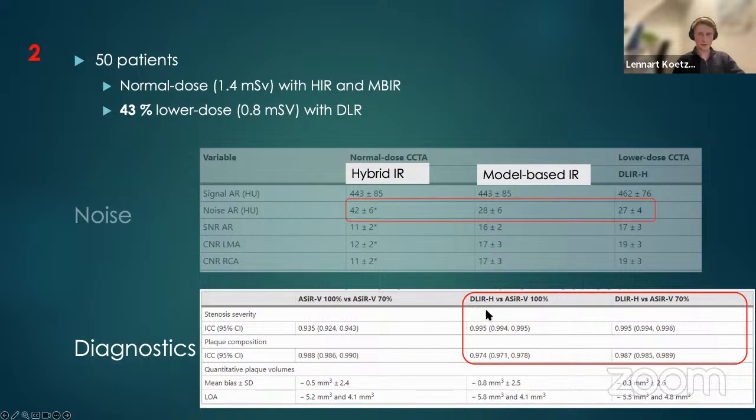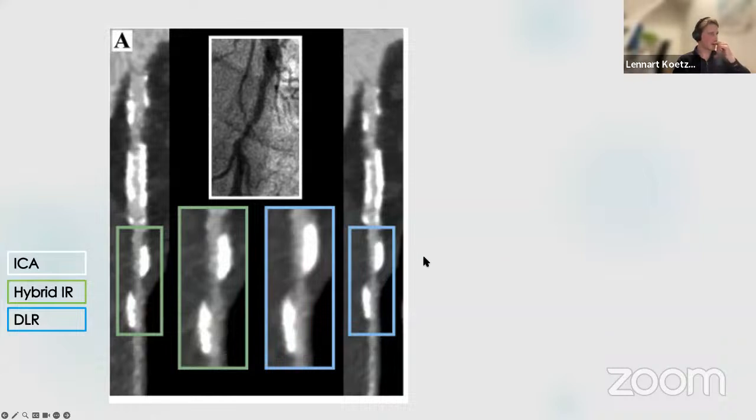In this paper, they also showed an example where the diagnostic accuracy was actually improved by deep learning reconstruction. In this panel, we can see a mixed plaque in the left coronary artery. Here white indicates invasive coronary angiography, green is hybrid iterative reconstruction, and blue is deep learning reconstruction.